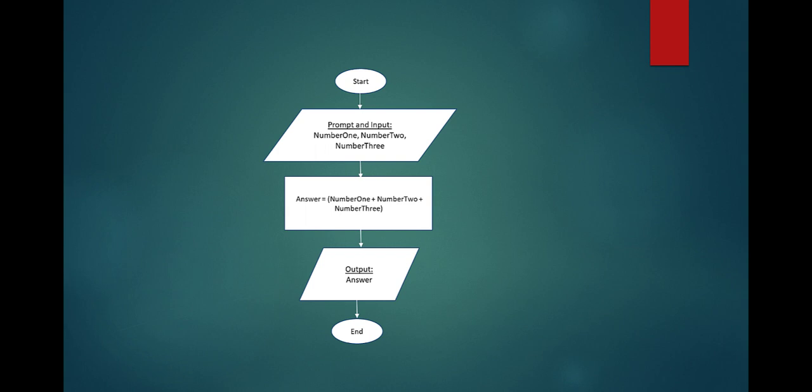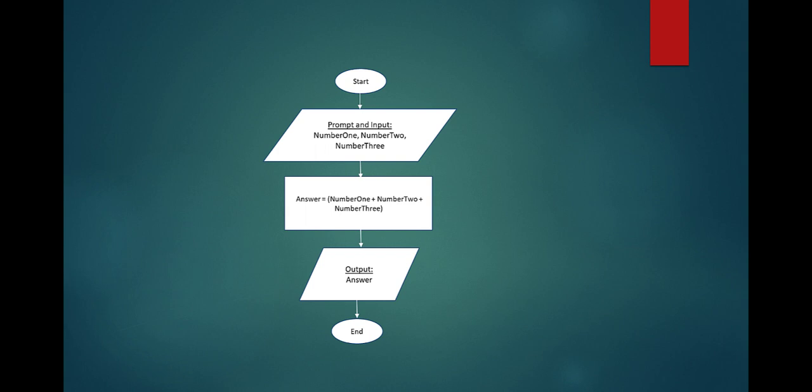As we said earlier, the parallelograms are used to denote input and output. So technically, if we look at our IPO chart, we realize that there are 3 variables. Number 1, number 2, and number 3. Those are our inputs. So in the flowchart, you want to put all your inputs in your parallelograms, right?